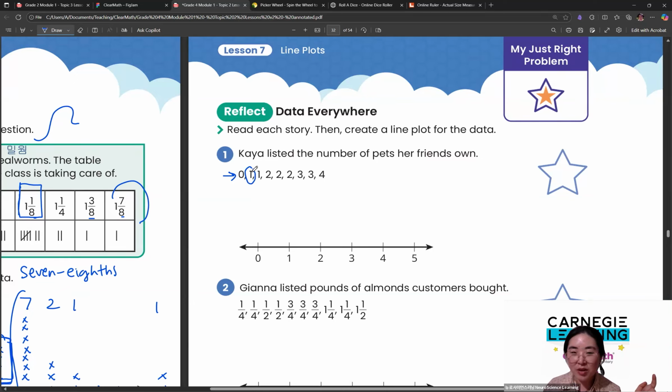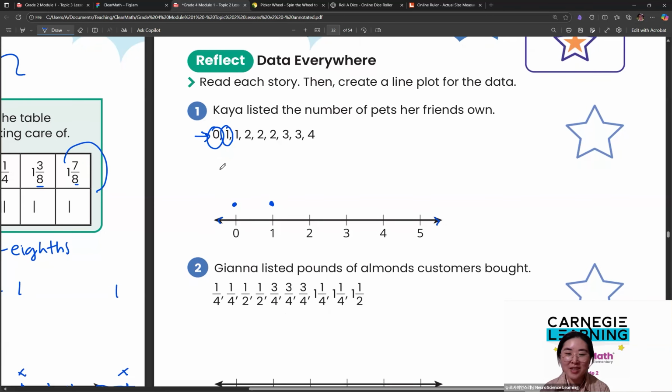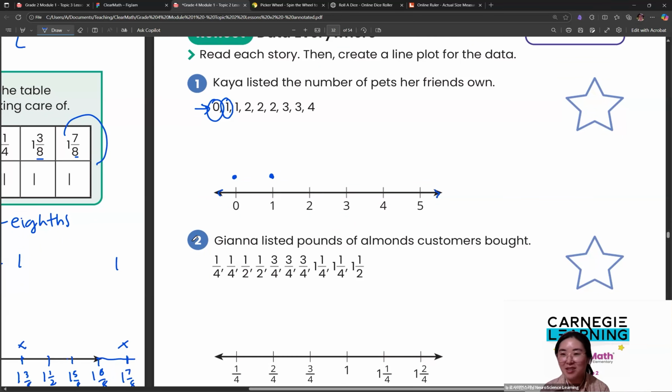So for each number, you need to draw an X or a dot, whatever you like. So on page 92, please finish this line plot and tell me when you're done. Eugene, while you wait, you can start question 2 if you like.